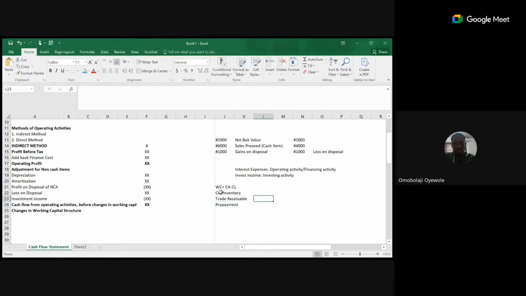Then the current liabilities: we have trade payable and accruals.